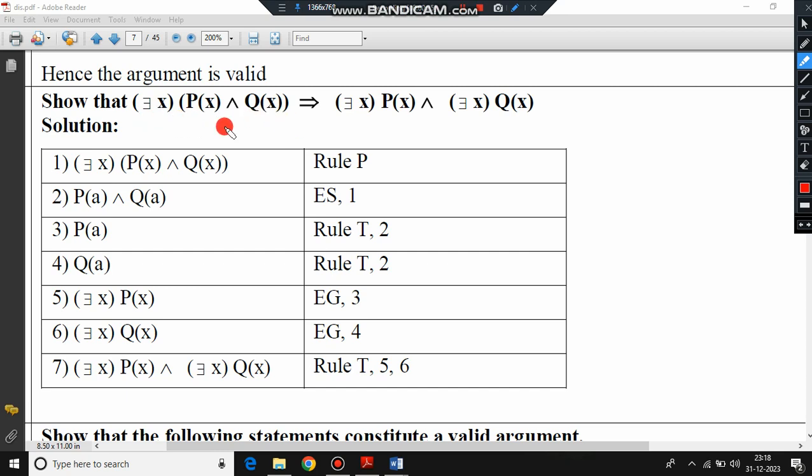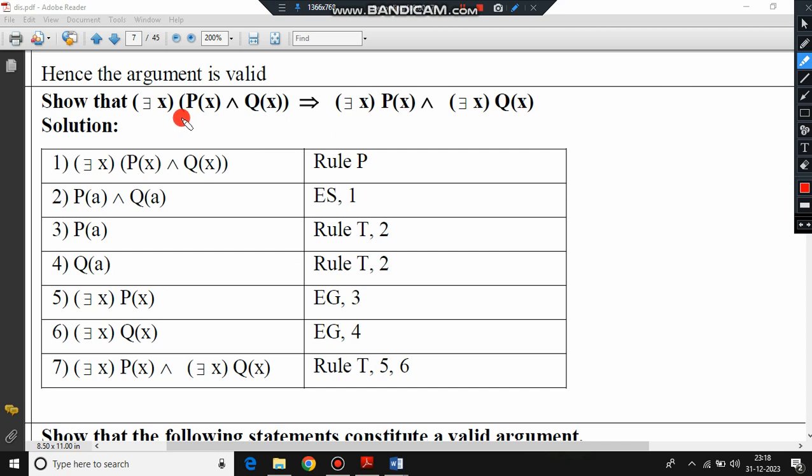This left hand side implies the right hand side, that's what we have to show here. We have to show that there exists x, p of x and q of x implies there exists x p of x and there exists x q of x.